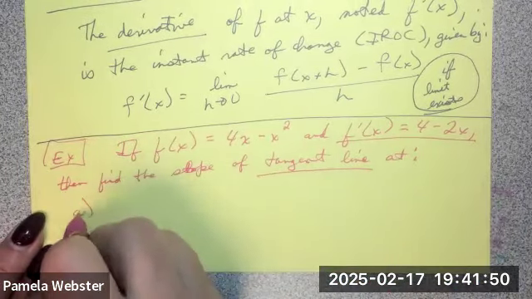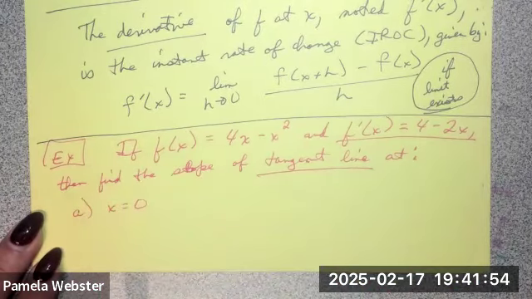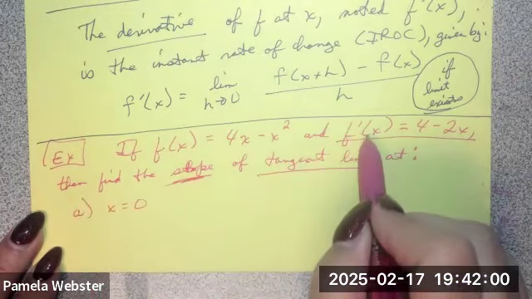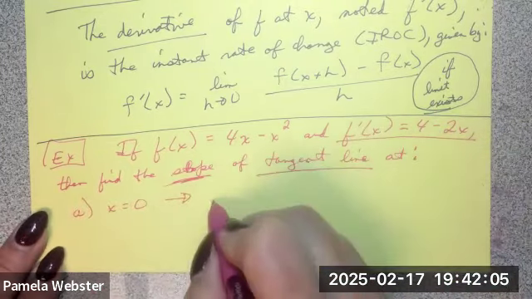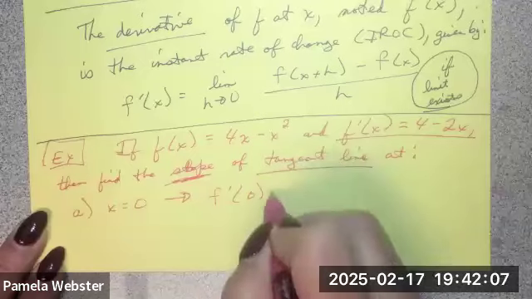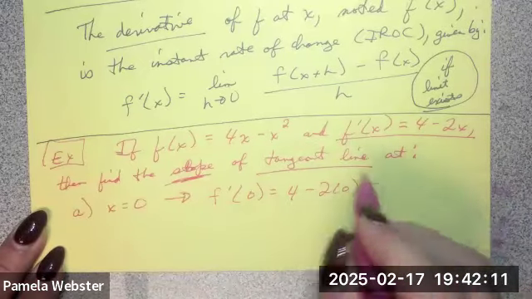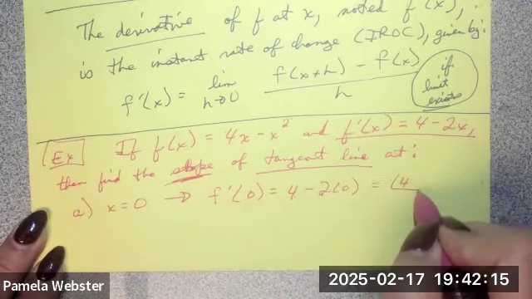So this is actually a multiple part problem. It says, what if x equals 0? If x equals 0 and we want the slope, then that means I'm dealing with the derivative, right? So I'm going to come over here for the slope, and I'm going to find f prime of 0. 4 minus 2 times 0, that's 4 minus 0, that's just 4, right?